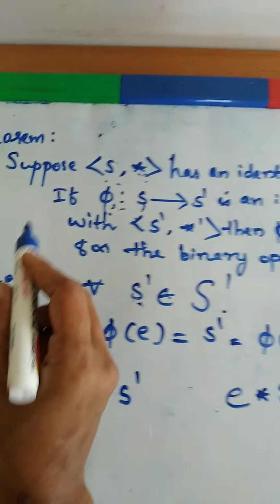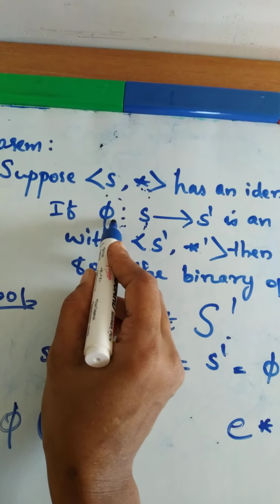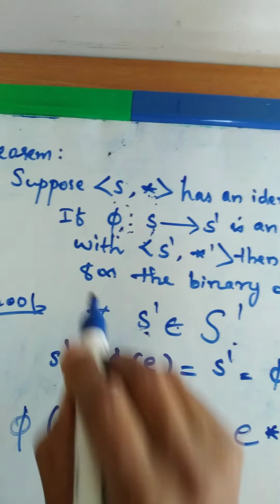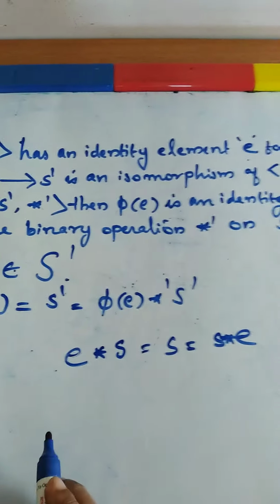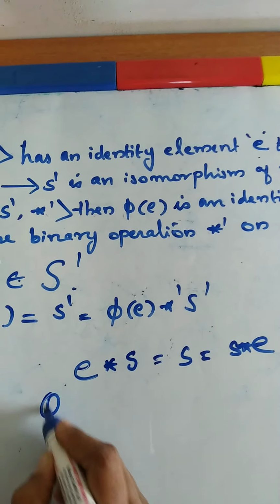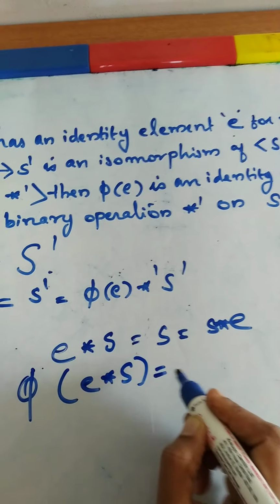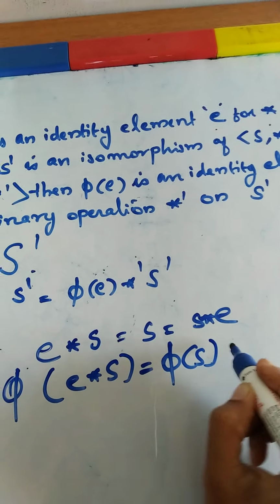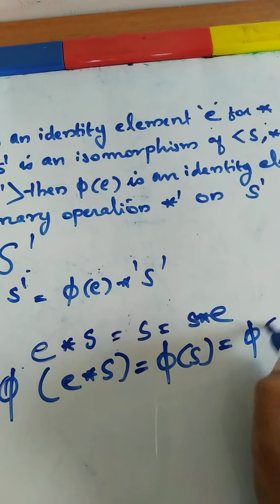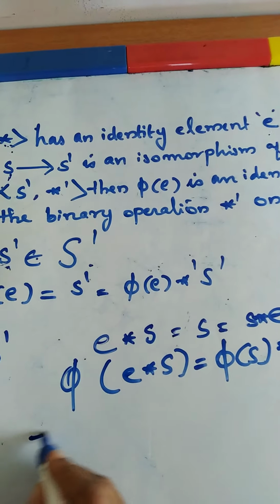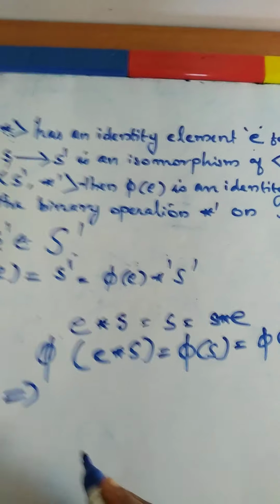Now you apply the isomorphism property. That means phi is an isomorphism, so it satisfies the homomorphism property. Now we have to apply the homomorphism property. What will happen to phi of E star S, which is equal to phi of S? You just apply phi, which is equal to phi of S star E. Since phi is an isomorphism, it satisfies the homomorphism property.